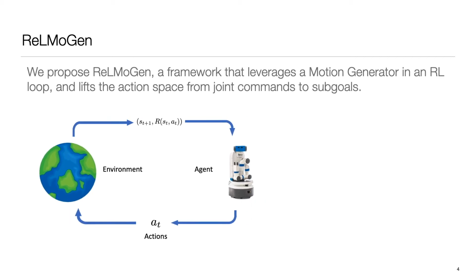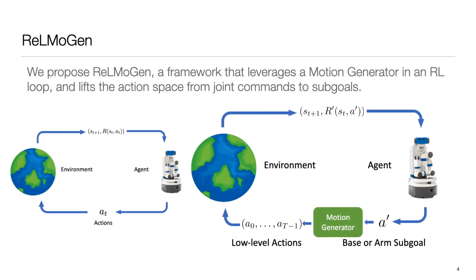In our method, we lift the action space to motion generation subgoals. Instead of low-level actions, the agent outputs base or arm subgoals, and a motion generator plans and executes a sequence of low-level actions to accomplish these subgoals.